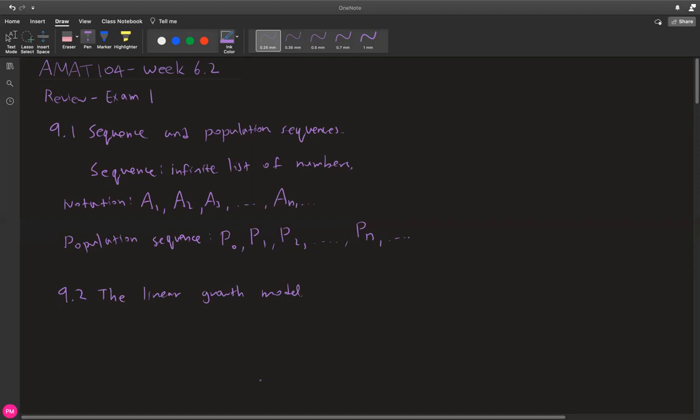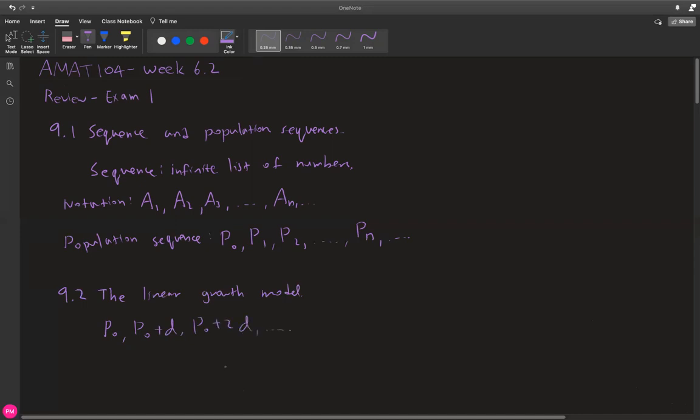In other words, it increases by a constant number. So normally you would see something like p sub 0, p sub 0 plus d, p sub 0 plus 2d, and so on and so forth.